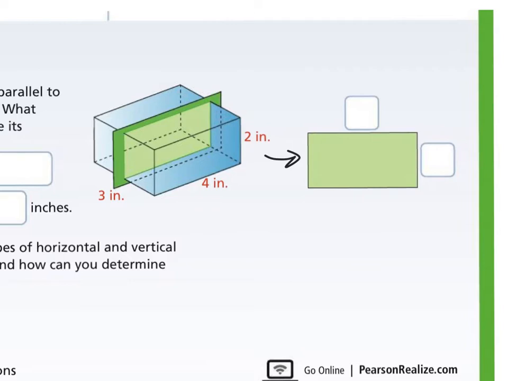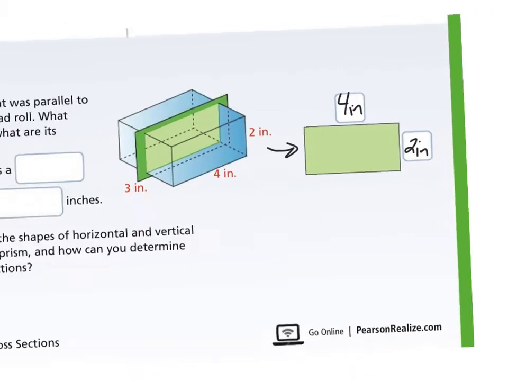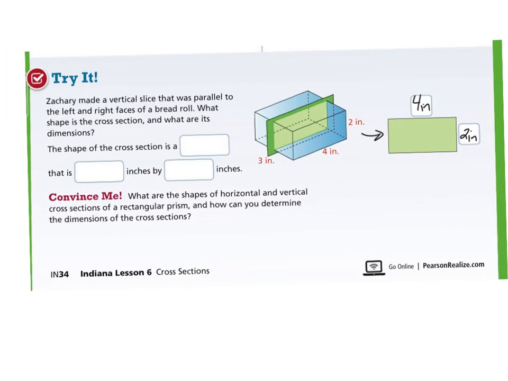If you think of that cross section slicing vertically, this would be a 4-inch by 2-inch or 2-inch by 4-inch rectangle. So to fill in the blanks, the first blank would be rectangle, and then this would be 4 inches by 2 inches.